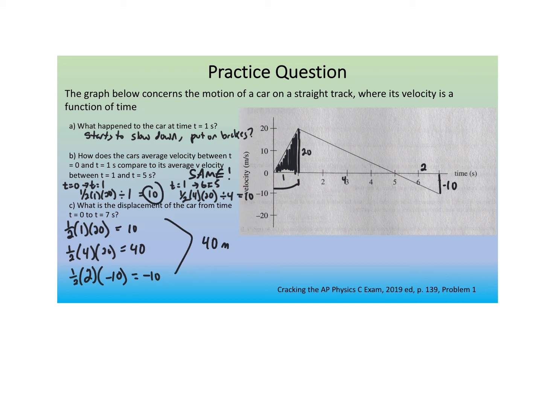We could take this upper triangle, put it down here, and make a little rectangle with a height of 10. For the next triangle, 1 to 5, that's a distance of 4 seconds, and the height is still 20, so 1/2 base times height, then divide by the base of 4, we still get 10 as our average value.